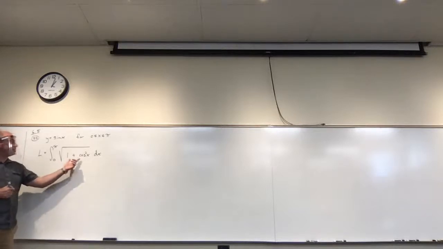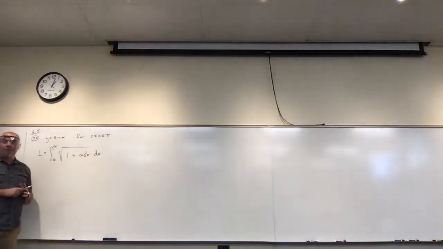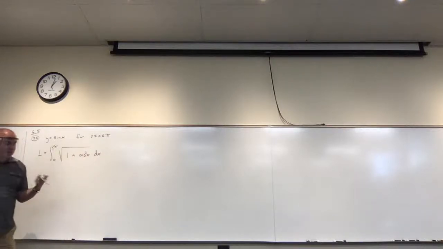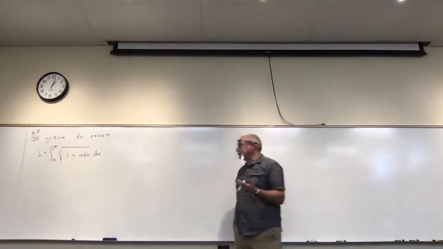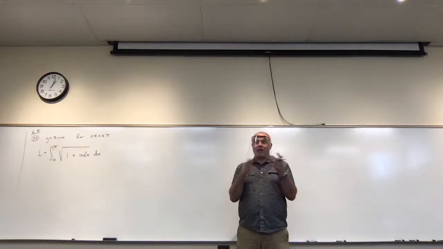So I think that at this point, this is the correct integral, but to actually evaluate this integral, we're probably going to have to use a calculator in some way. One way you could do it is to graph it and use some sort of an area function.